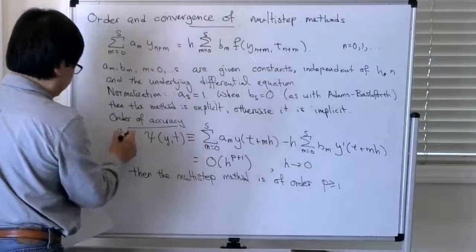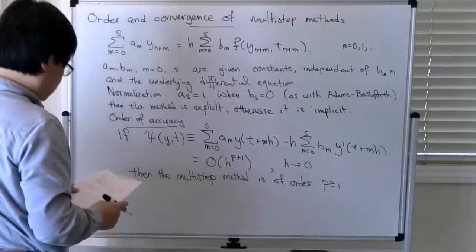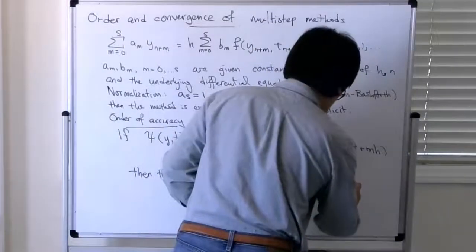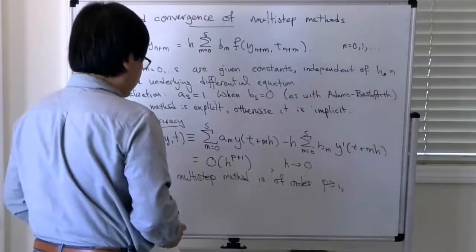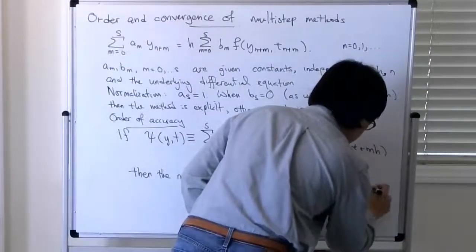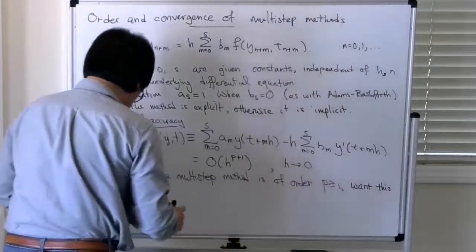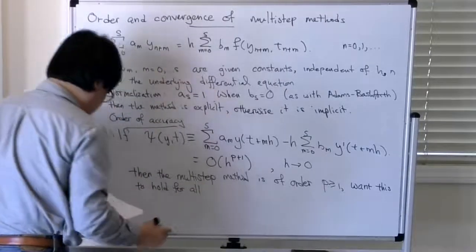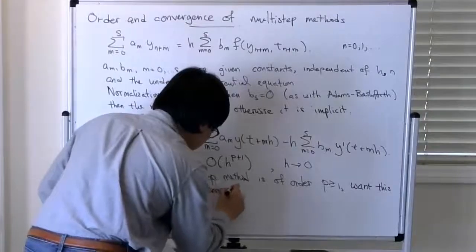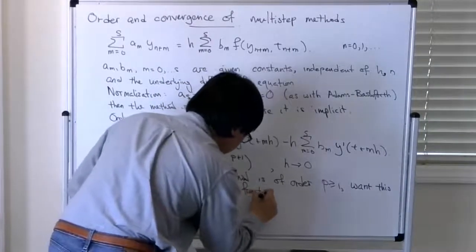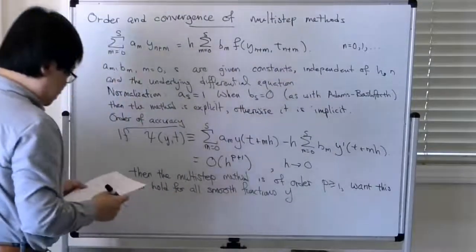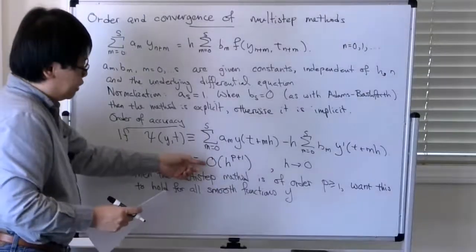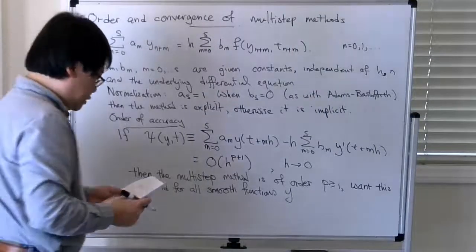So if this is true, and we want this to hold for all smooth functions y, and there has to be at least one function where you actually achieve that error, right?